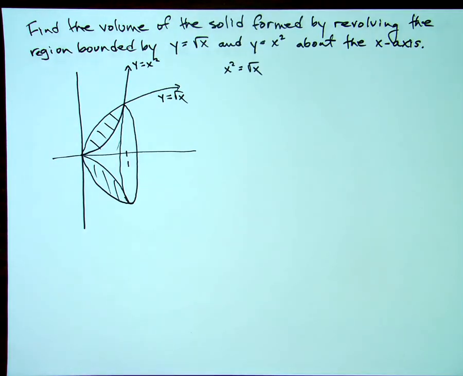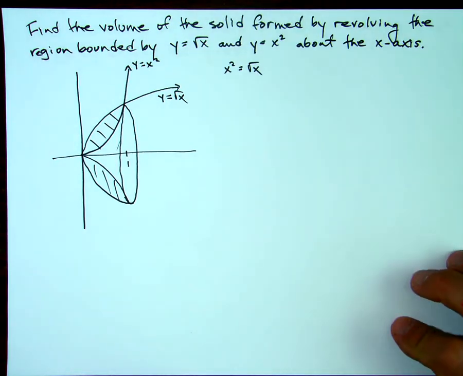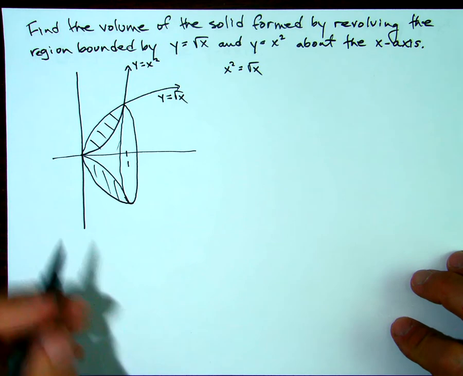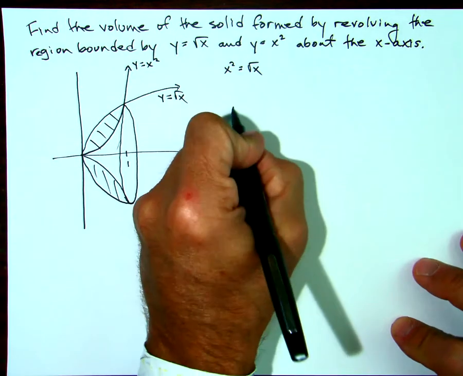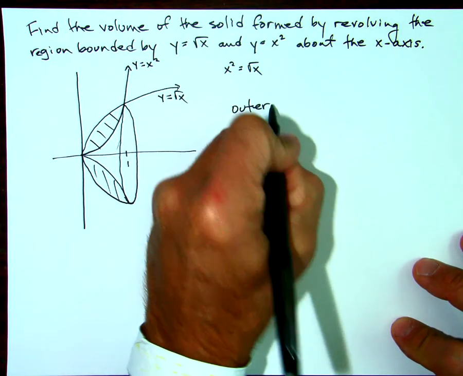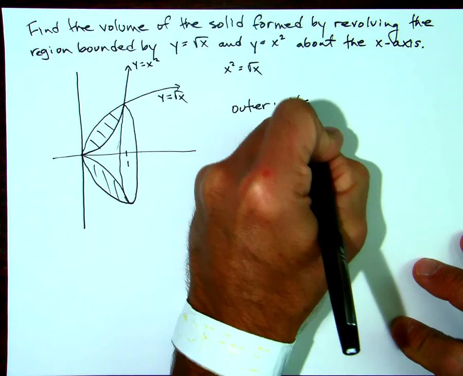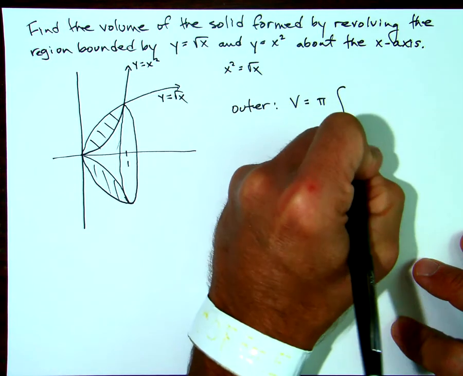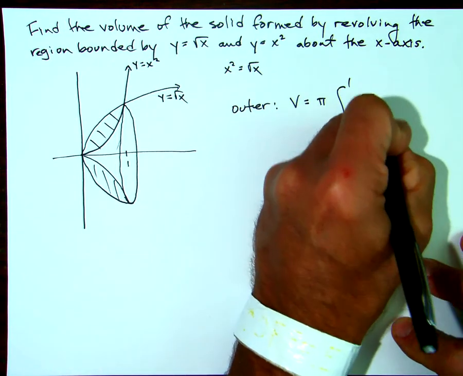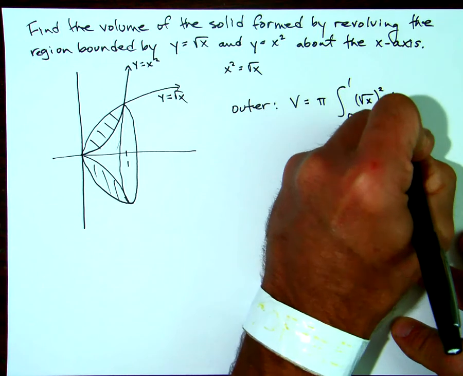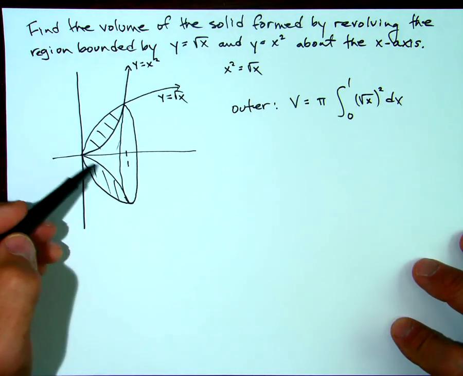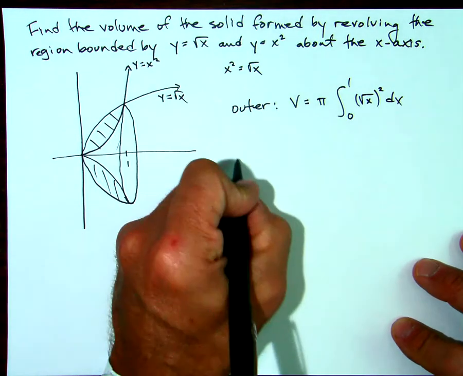So again, we come back to what would be our, let's first do the outer. We have actually already done the outer, right? So we have the outer volume, which is pi, and we're going to integrate from 0 to 1, and that's going to be the square root of x, squared. That's the one that we've already done. And then the inner volume.